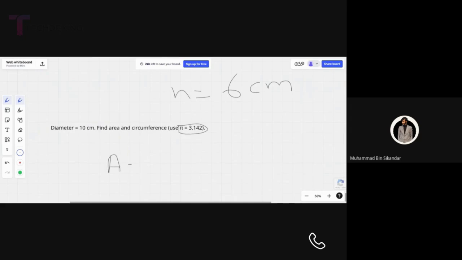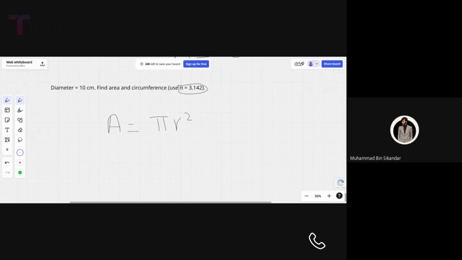For area, the area of a circle is pi multiplied by r square. So we will plug in the value of pi, 3.142, times the radius squared, but there seems to be an issue. I'm given the diameter, but I'm supposed to have the radius. What am I going to do here, Abdullah?